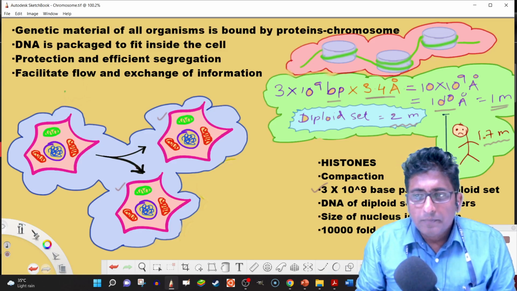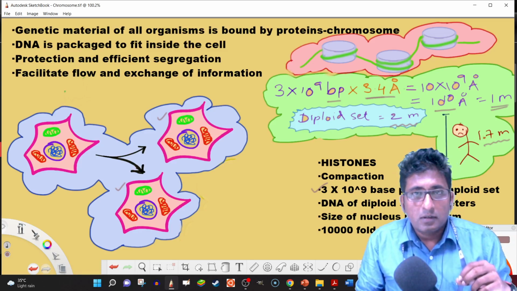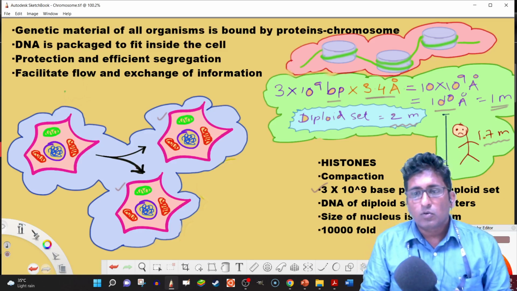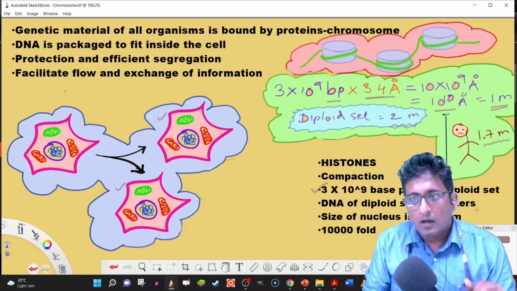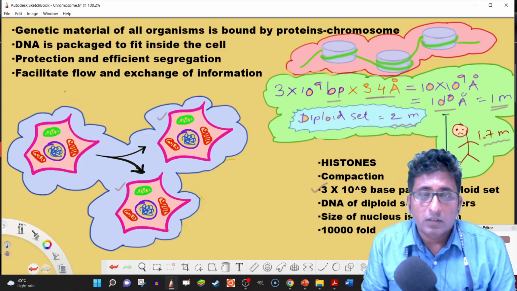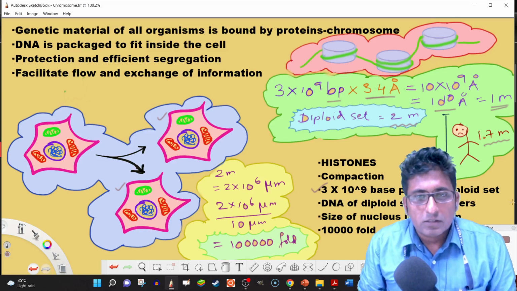Similarly, the length of DNA is about 2 meters, and the size of the nucleus is about 10 micrometers. How does it fit in? That is by binding with the histones in the form of nucleosomes. Let's calculate compaction.